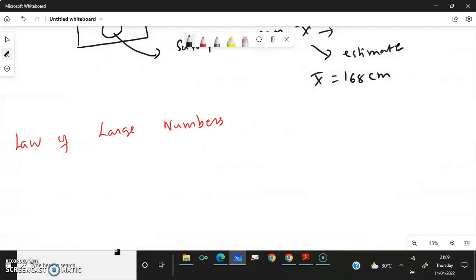This law states that for any two arbitrary small numbers, epsilon and eta, where epsilon is greater than 0 and 0 is less than eta is less than 1. This is similar to your real analysis.